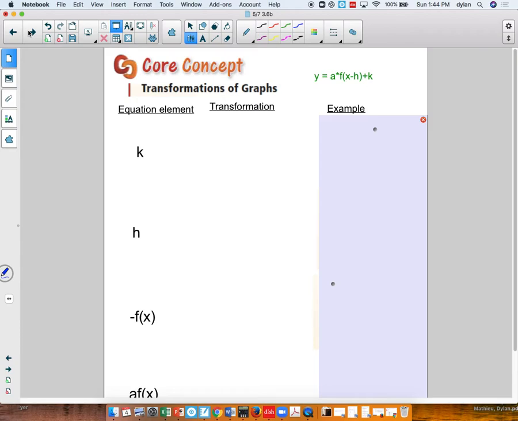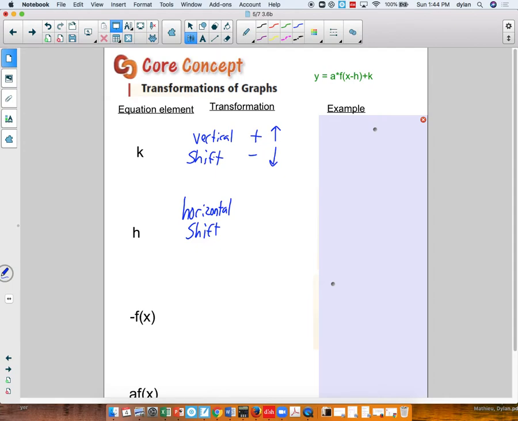All right, so as a reminder, k represents vertical shift. When it's positive, we're going upwards. When it's negative, we're going downwards. h represents a horizontal shift.